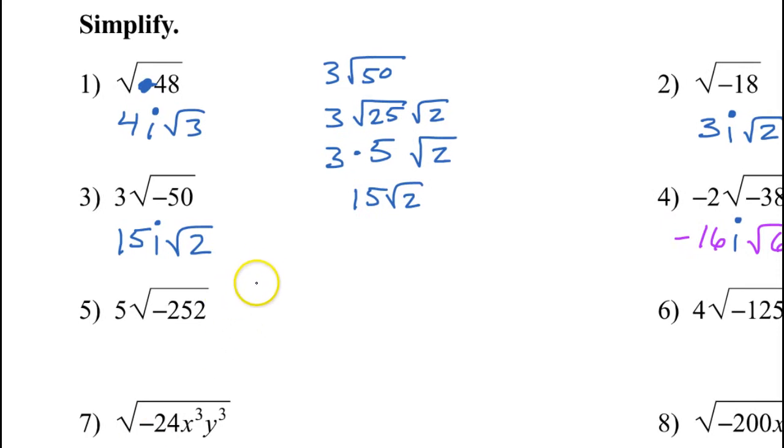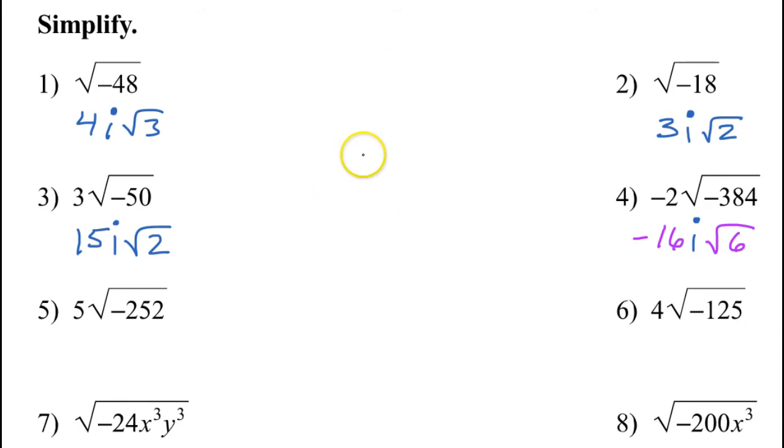Okay, take a look at number 5. 252. Again, this is a big enough number that I think I would like to use my factor tree method. Okay, so let's see. 252. Focus on that.